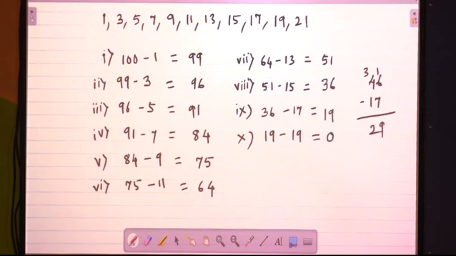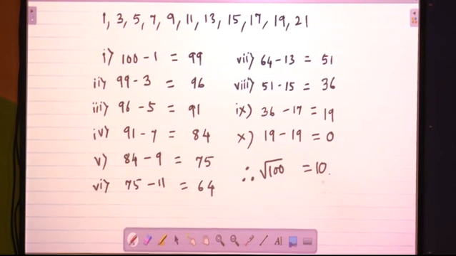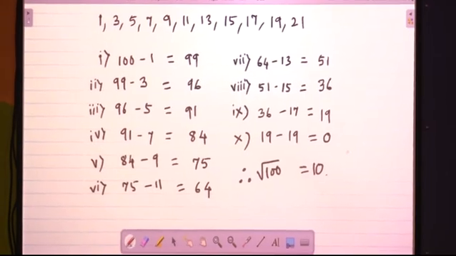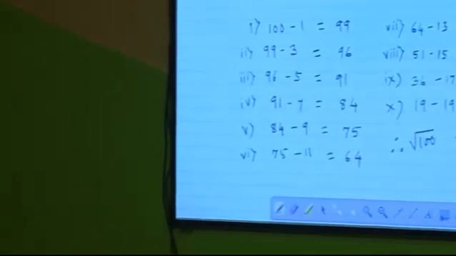So, you can see here in how many steps we got 0, in 10 steps. Therefore, the square root of 100 is equal to 10. This solved example was explained to us, and on that basis we have solved this sum.